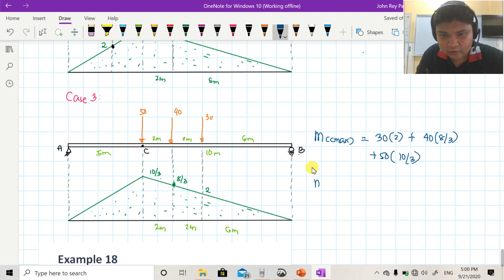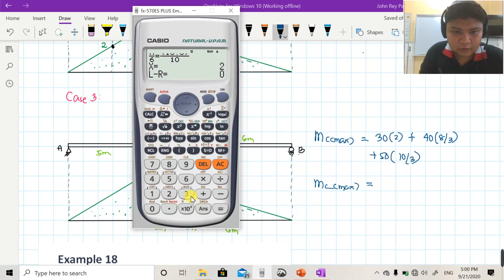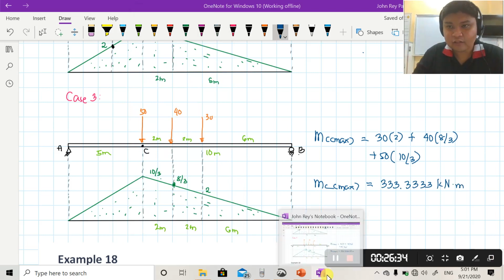So, therefore, the value of MC max, class, will be equal to 30 times 2 plus 40 times 8 over 3 plus 50 times 10 over 3. Okay, so our answer is 333.3333 kilonewton meter.